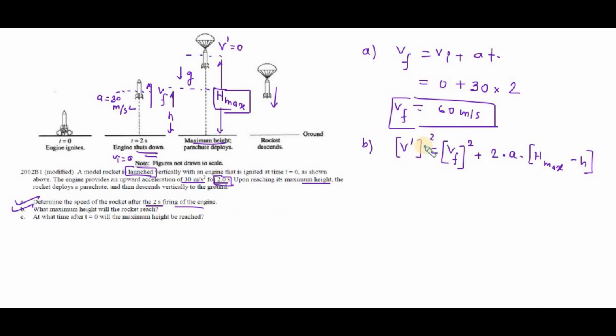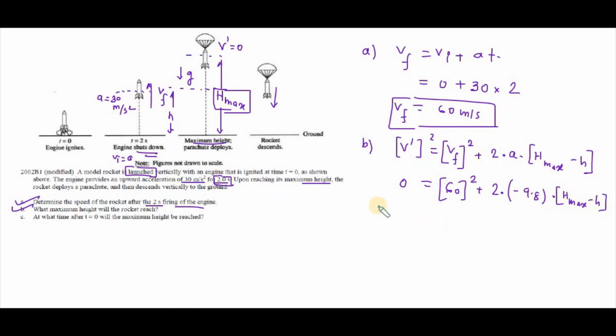We know that the vertical final speed is 0. The initial speed should be the same as the final speed after 2 seconds, that becomes the initial speed here. So it's 60 square plus twice into acceleration, that is the same as the downward acceleration, so it is negative. We can consider it's negative 9.8 meter per second square, times h max minus h.